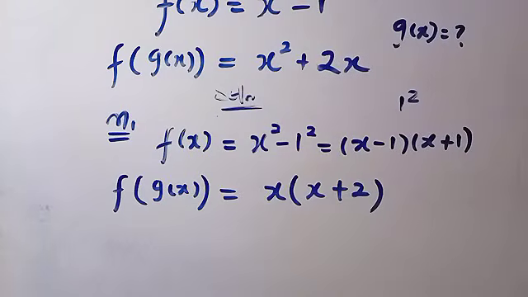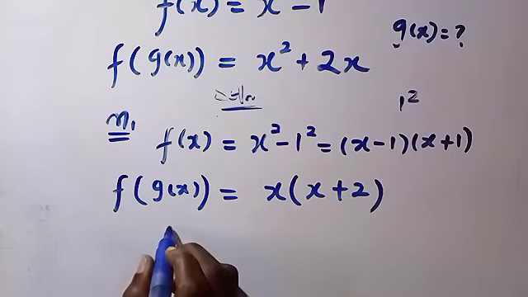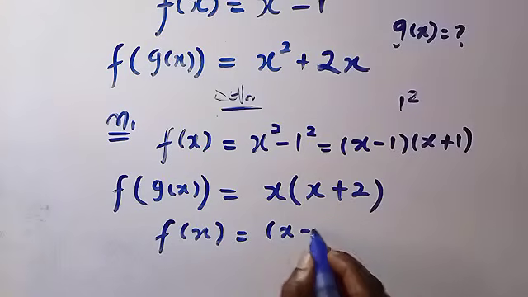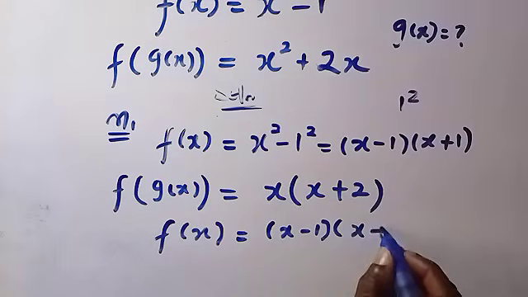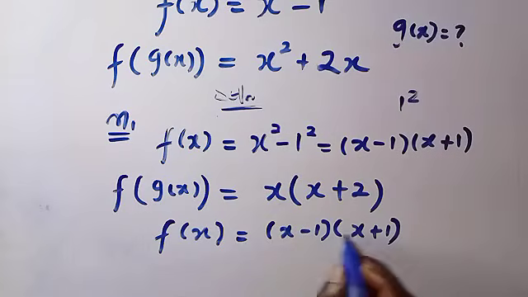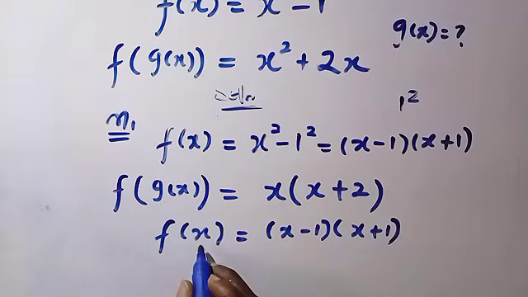And again, looking at f of x, which equals x minus 1 and x plus 1, we have x here, that's why x is appearing in these two. So it means if I change this one to any other thing, it reflects here immediately.